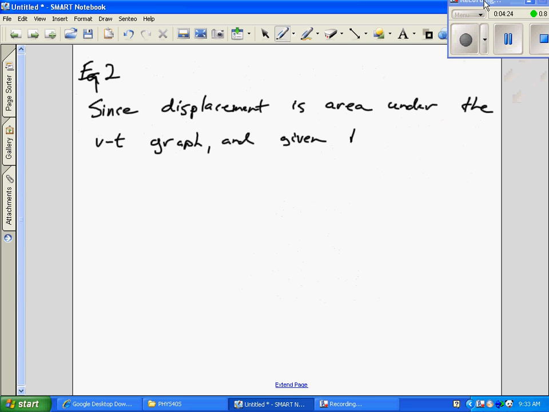And given the graph as shown, I'm going to draw a graph right away. Okay, here's my graph.